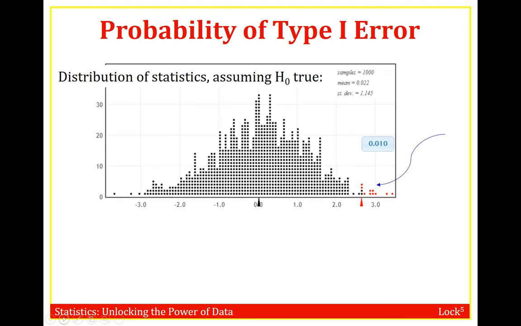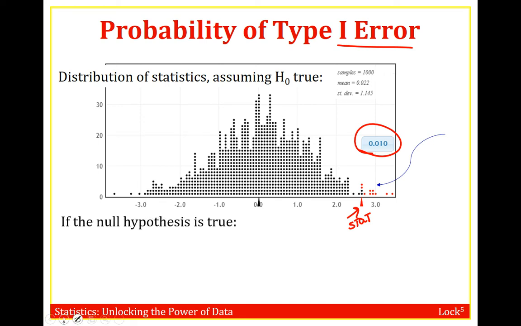Here's another one. Here's a type 1 error again. Same deal. And you can see that we have a p-value of 0.01 right here. That means 1% of the data is as extreme as the statistic that's being measured. We're talking right now about a type 1 error, so we're talking about me getting those data points. If the null hypothesis is true, 1% of the stats are in the most extreme.